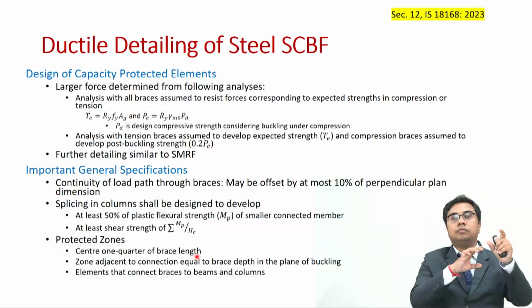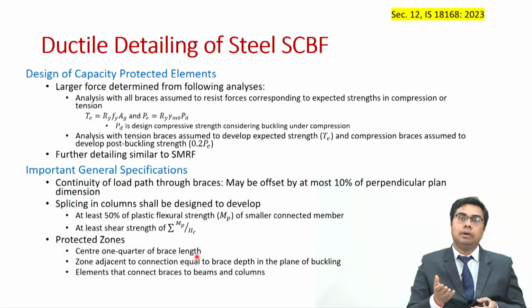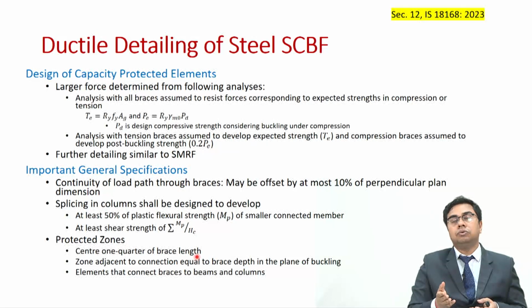So 100 millimeters from the connection end in the plane of buckling, and any element that connects the braces to beams and columns, which means those gusset plates. There are some other elements as well like knife plate. We are not going into detail of all those, but these are called protected zones, and in these protected zones we do not allow any splicing, we do not allow any holes to be drilled later on in functional period, and so on.